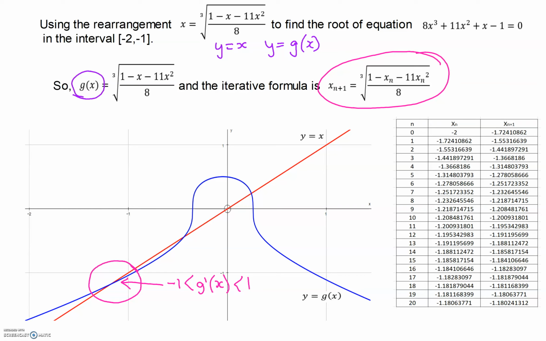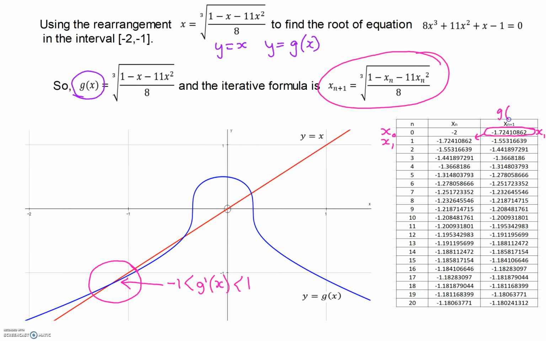And indeed you can see on the spreadsheet, which is following exactly the same format that we used in the previous videos, that we have an x0 value, and the x0 value is -2, that is substituted into our iterative formula to generate the value x1, and that is then transferred across.